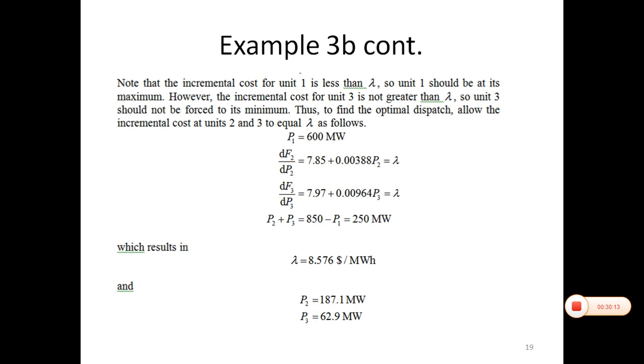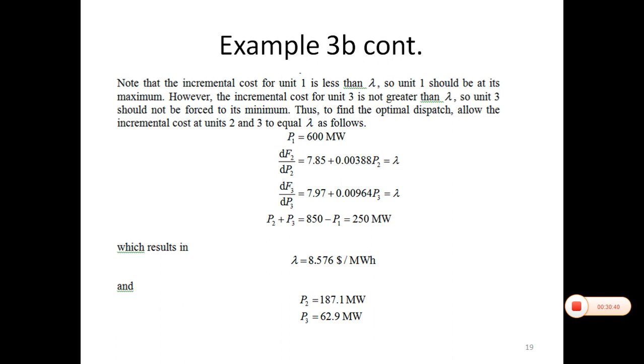So we take df2 by dp2 equals lambda and df3 by dp3 equals lambda. We get P2 plus P3 equals 850 minus P1, which equals 250 megawatt, resulting in lambda equals 8.576 rupees per megawatt hour, and from here we get P2 equals 187.1 megawatt and P3 equals 62.9 megawatt.